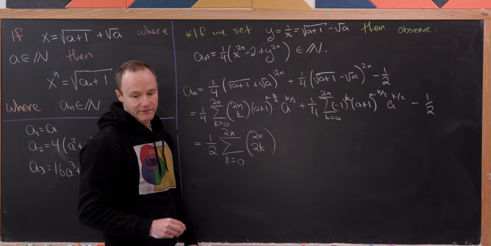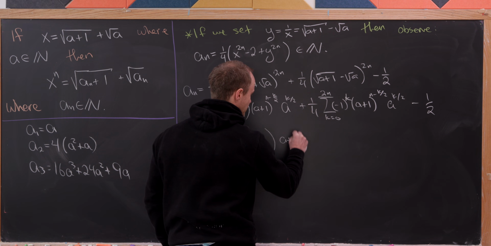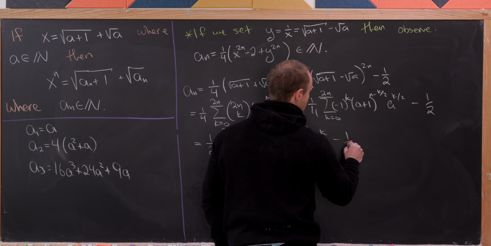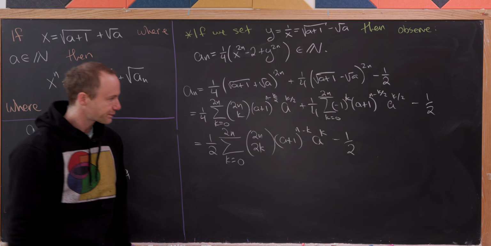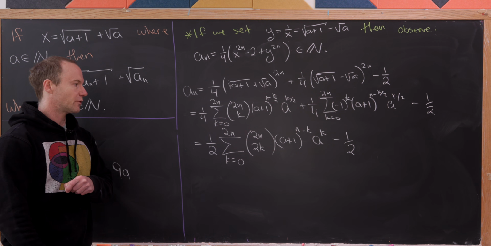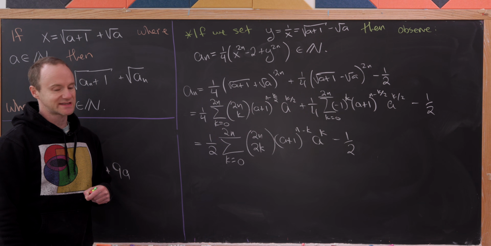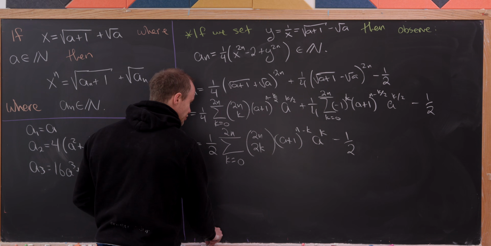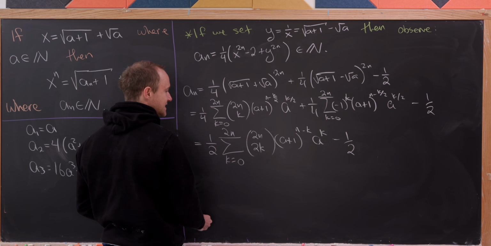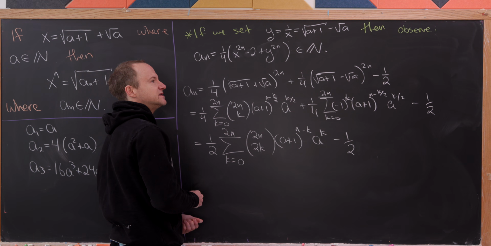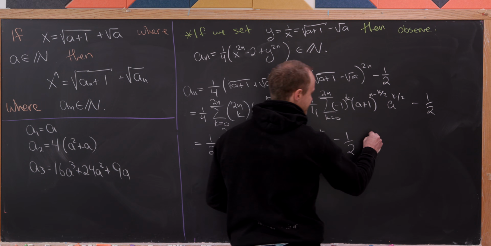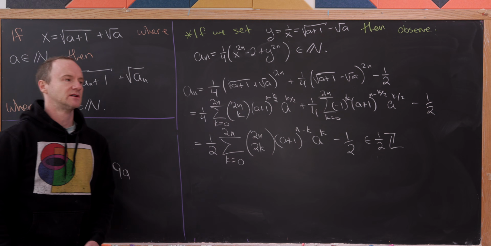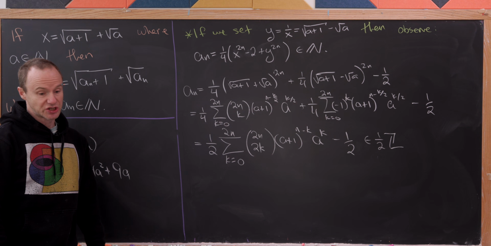And then after that, we're going to have a plus 1 to the n minus k and a to the k, minus 1/2. So let's observe that we don't quite know that this is a natural number, but we do know that it is at least inside of Z, or 1/2 Z. So at most, it has a denominator of 2.